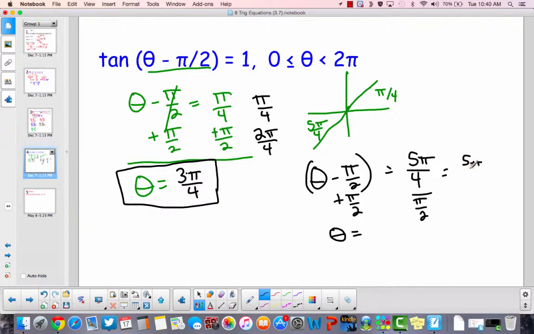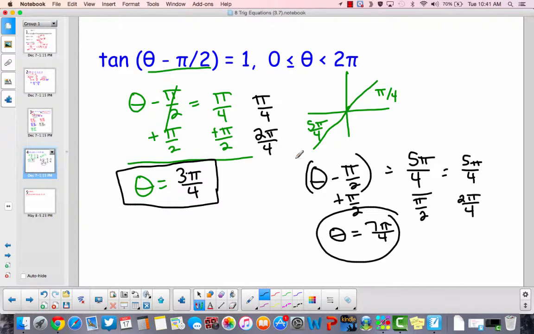So that's 5 pi over 4, and this is 2 pi over 4. So we get theta equals 7 pi over 4. Again, if you're not sure, check it. 7 pi over 4 minus pi over 2. That's 7/4 minus 1/2. Does that leave me with 5/4?